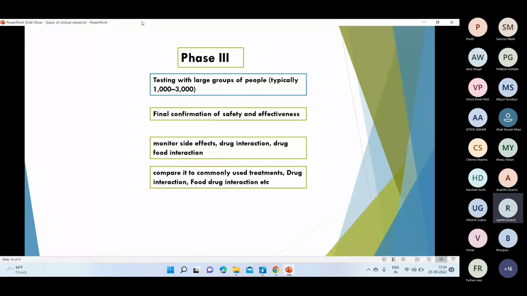So drug interactions, drug-food interactions, other side effects, and the further confirmation of safety and effectiveness take place in phase 3 clinical trial, which is done in a large number of people, like close to 1000, 2000, 3000, or up to 10,000.